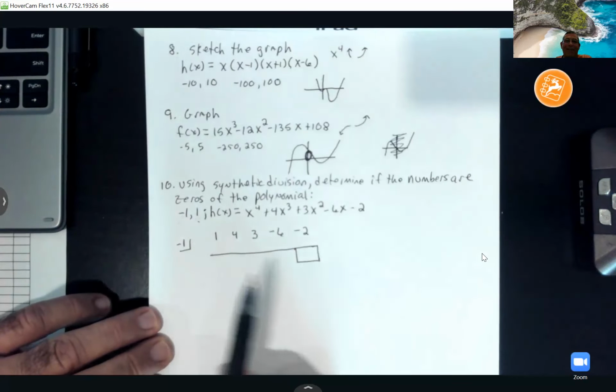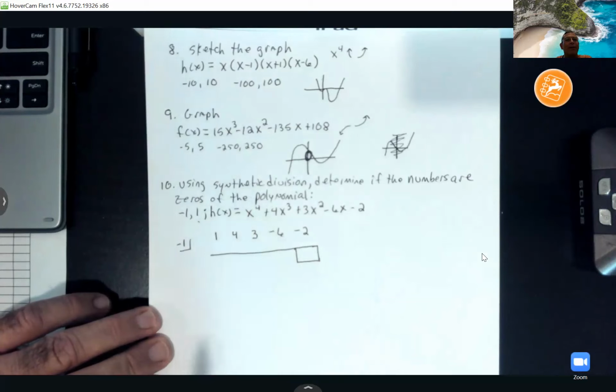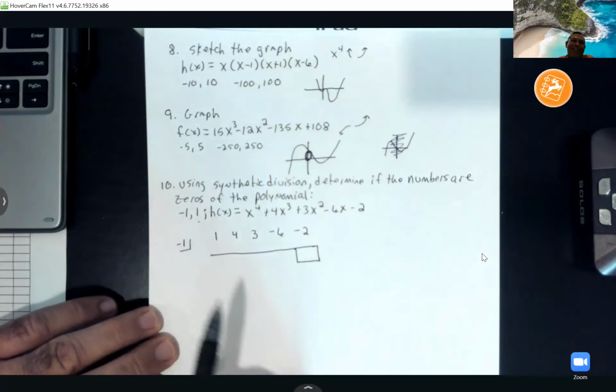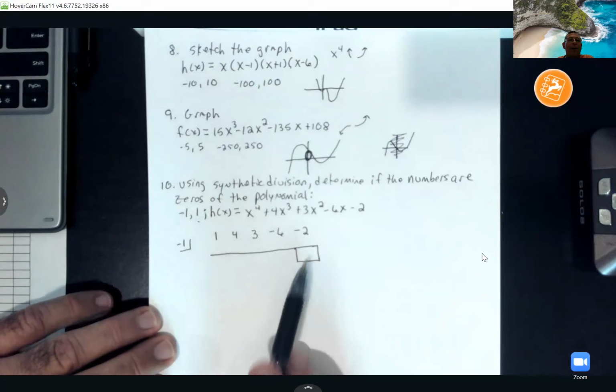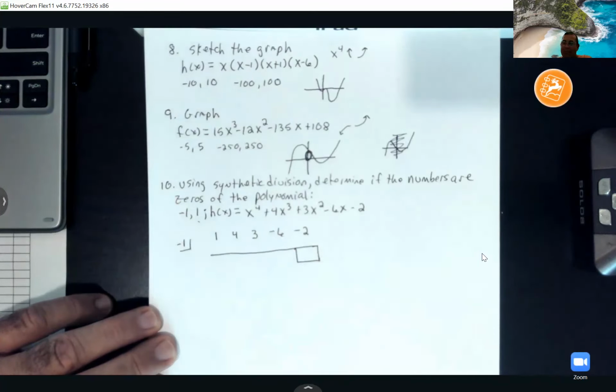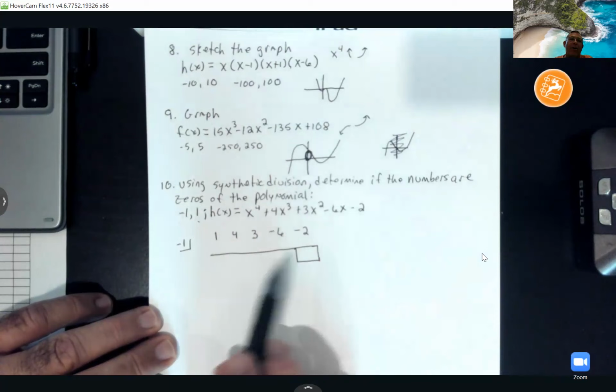All right, y'all. So if -1 is going to be a 0, I hear that the cold front got y'all today. Okay, so y'all, if that's a 0, then my remainder will be 0 on that, okay? If I get anything other than a 0, we're going to put no.